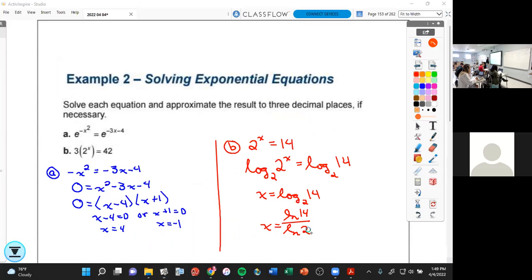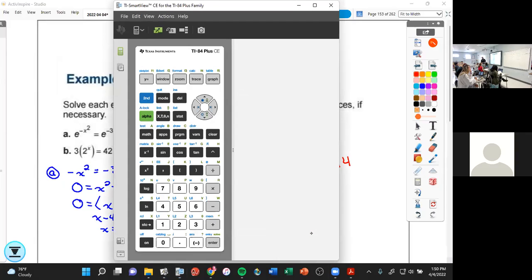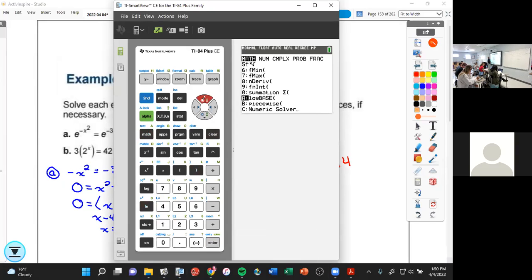So if I did natural log of 14 divided by natural log of 2, I get this answer. If I went math up to log base 2 of 14, what do I get? Better be the exact same thing.